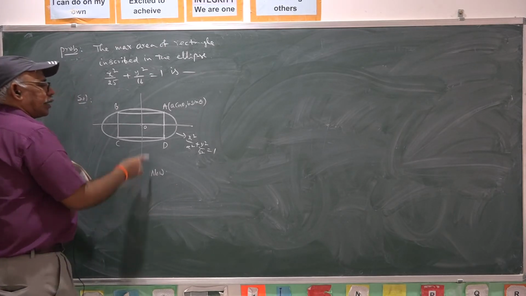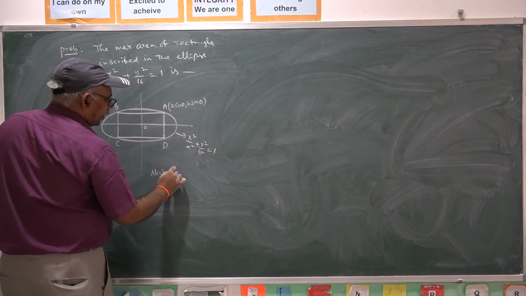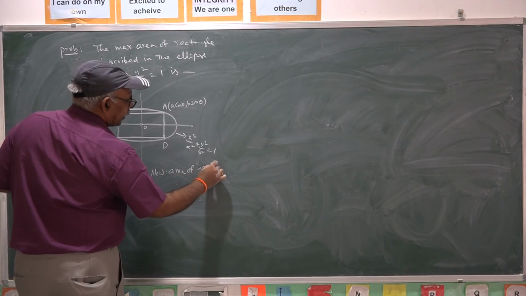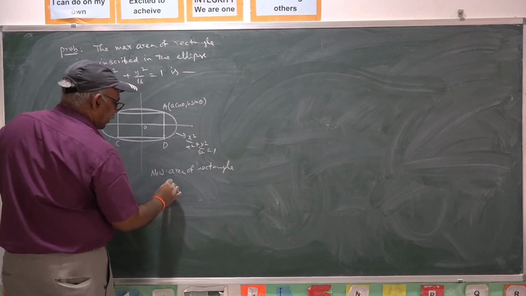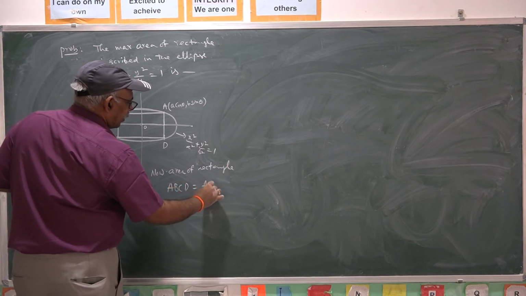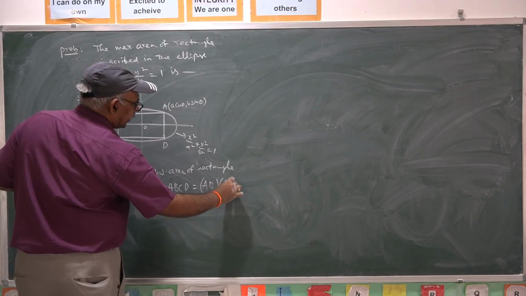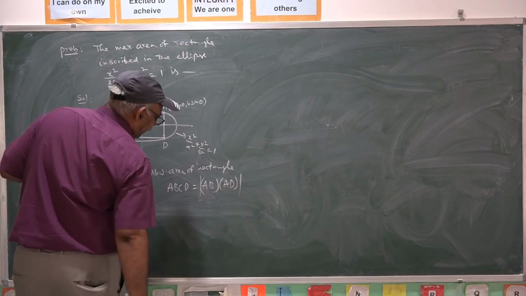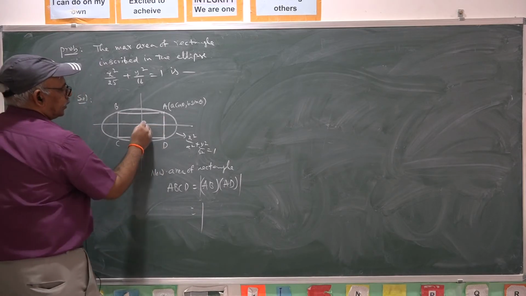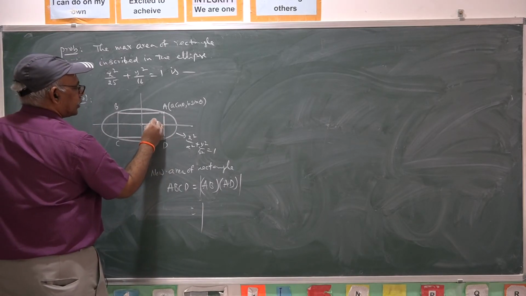Now as per our figure, the area of rectangle ABCD is AB into AD, with modulus of course. AB into AD. This length is a cos theta.